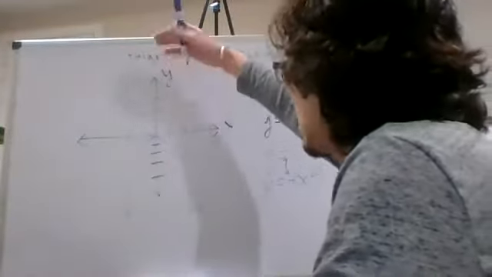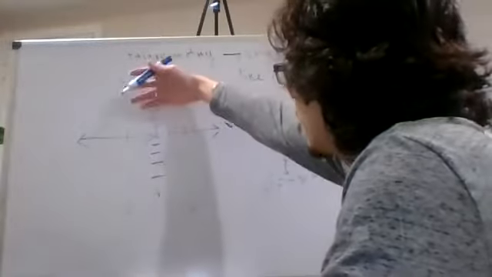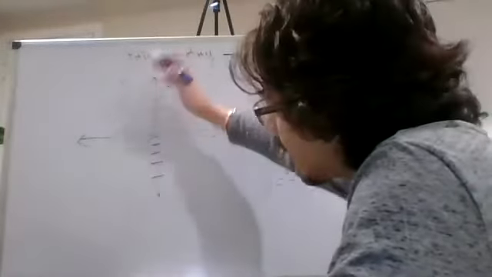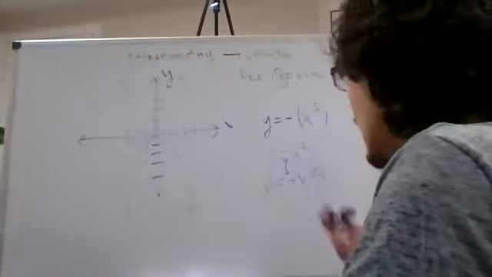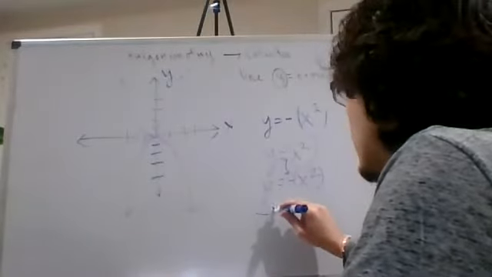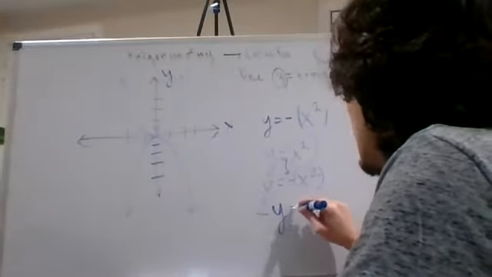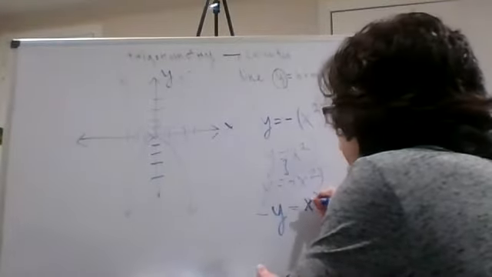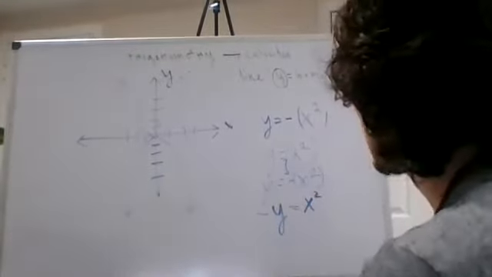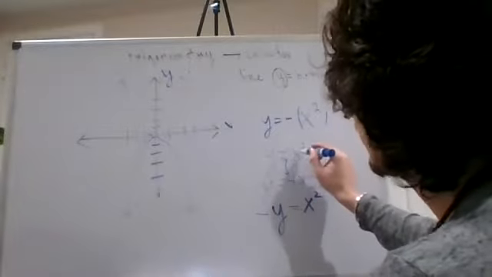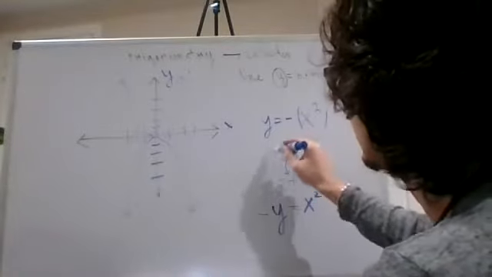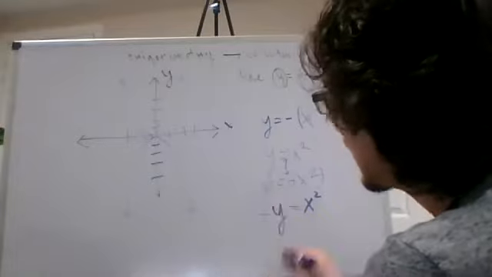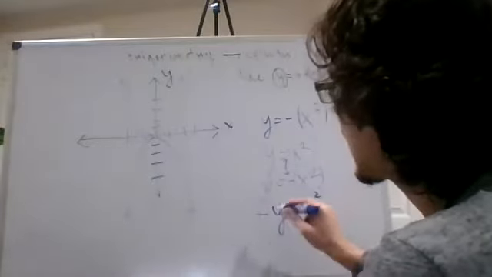So it mirrors what it was like when it was on top, but now it's flipped over. Another way of looking at it is that now we made it -y equals x squared. So before, when we said x squared equals y, now we made all of the y's negative.